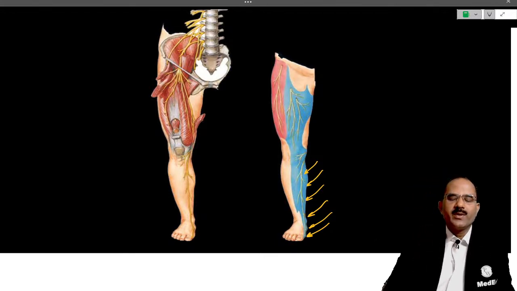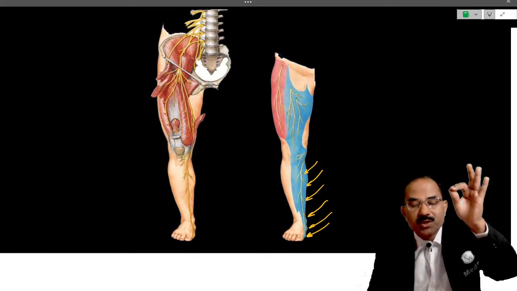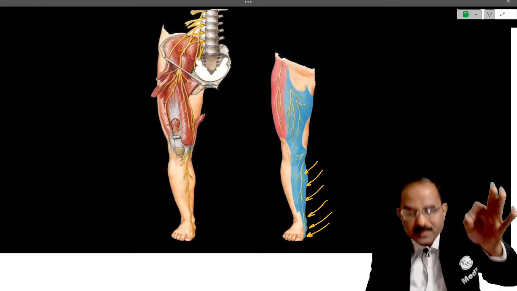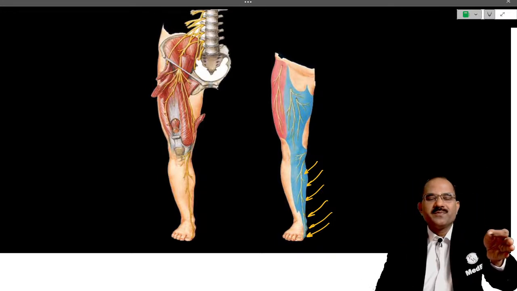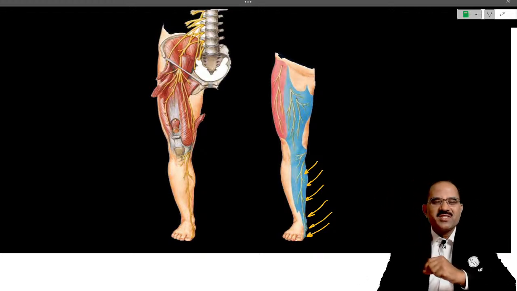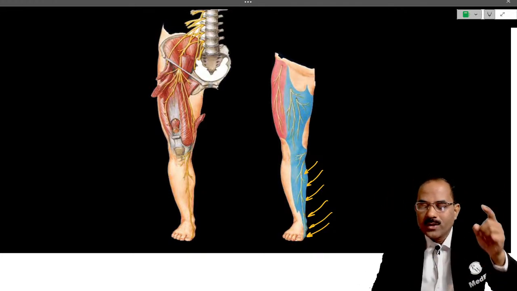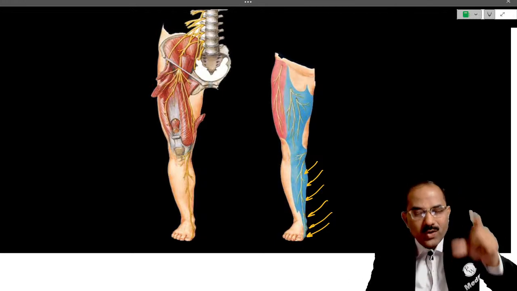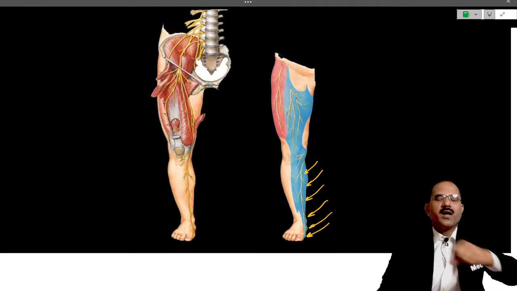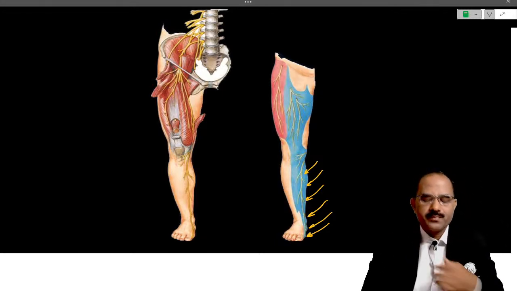Yes, very good. It's the largest cutaneous branch of femoral. That's another MCQ for you: the largest cutaneous branch of femoral nerve is the saphenous nerve, accompanies the great saphenous vein, supplies the skin on the medial aspect of the leg and the foot up to the ball of great toe.